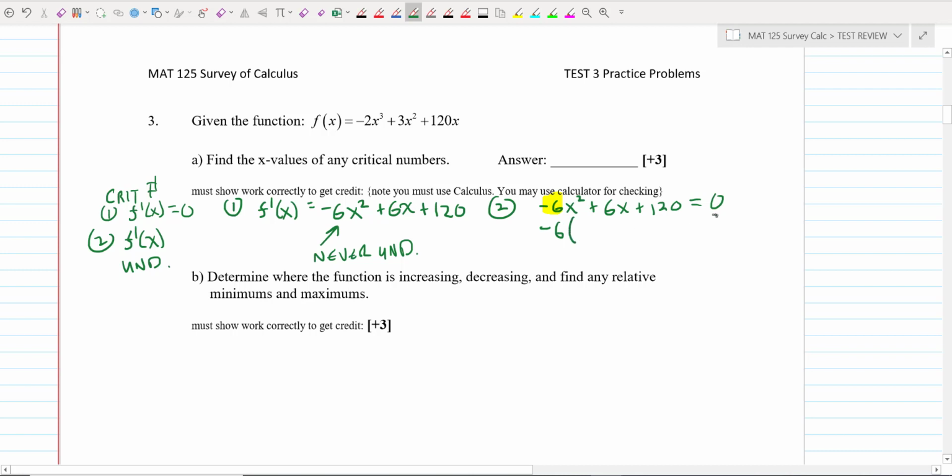So I'm going to have negative 6, and I'm just going to multiply backwards. Negative 6 times x squared gives you the negative 6x squared. Negative 6 times minus 1x gives the 6x. And 120 divided by 6 gives you 20, so what I would have here is minus 20.